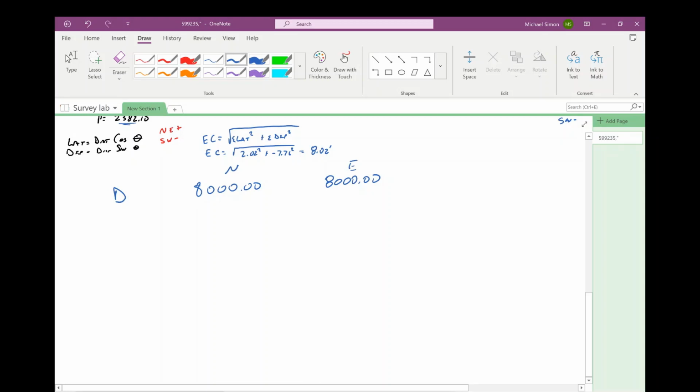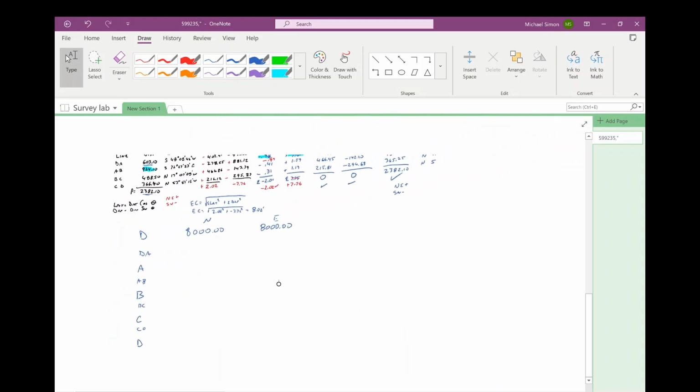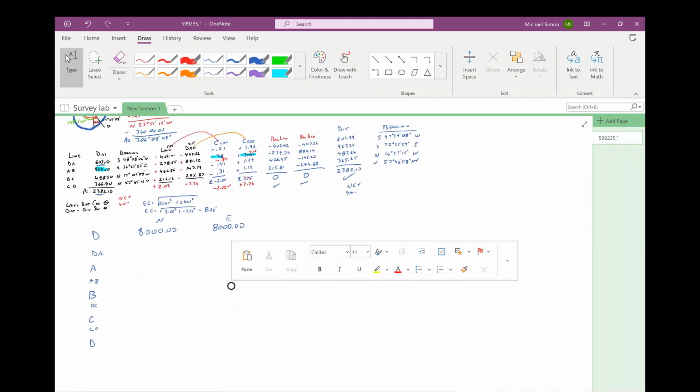That means we're going to go from D to A, then AB to point B, then BC to point C, and then CD back to point D. And that's really our last check. So let's do this. Let me copy these over.